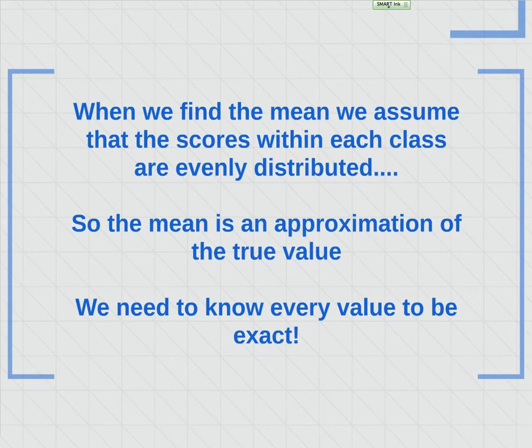So, like I was saying, when we find the mean, we assume that the scores within each class are evenly distributed. So the mean is an approximation of the true value. In order to be exact, we would have to know every single value. It's not perfect, it's not the exact average, but it will give us an approximation.